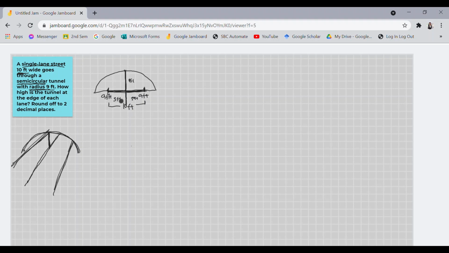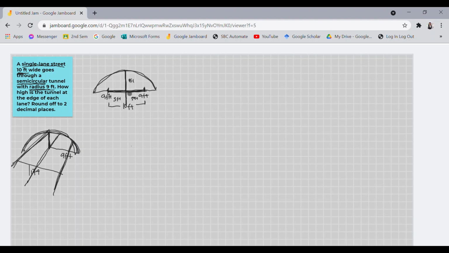Again, a single lane, 10 feet wide, goes through a semicircular tunnel with radius 9. This one is 9, going to that middle part, the end of the tunnel, that is 9 feet. Our single lane is 10 feet. It passes in the middle. In the flat illustration, this is your semicircle.